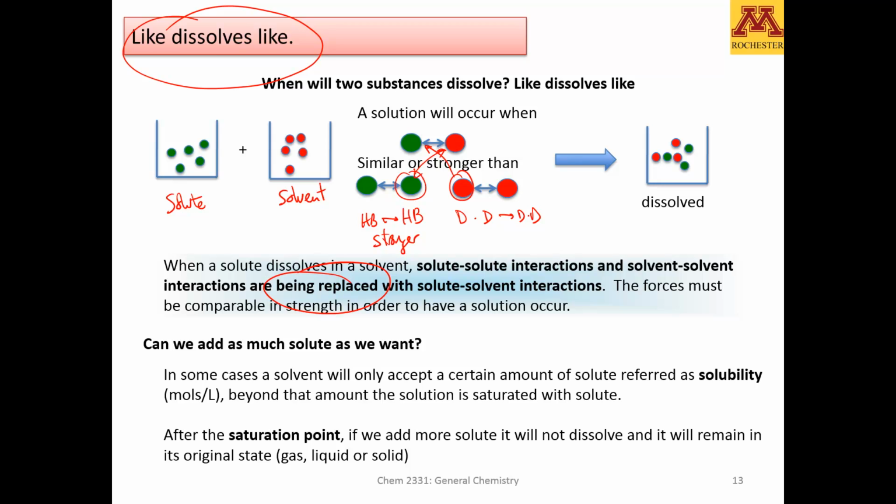You can always to some extent mix a solid with a solvent, the extent of which will depend on this like dissolves like principle. The saturation point will be when you cannot add any more solute in the solvent. In that case, you will say that the solute has reached the maximum solubility.